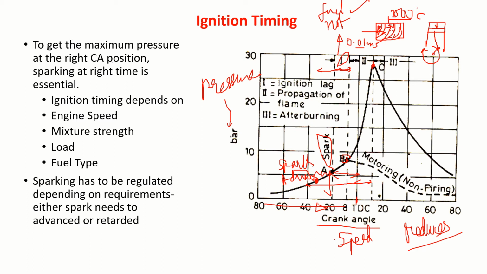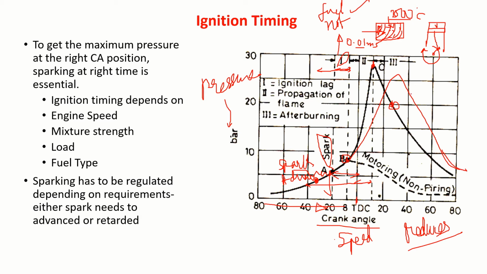You see here, to get maximum pressure at the right crank angle position, if by chance I pass the spark over here, probably the maximum pressure occurs here, and then your curve will be something like this. So what is going to happen? I will not be able to recover the maximum amount of energy, and moreover, a lot of unburned gases will go out through the exhaust.